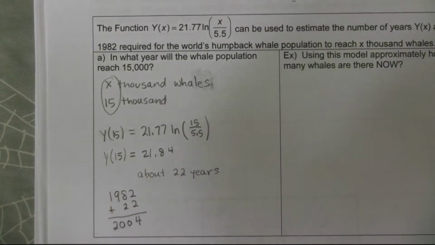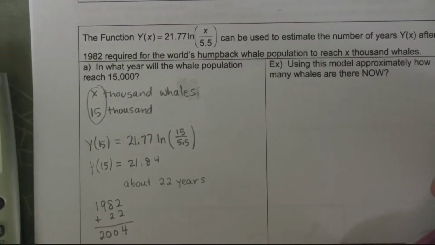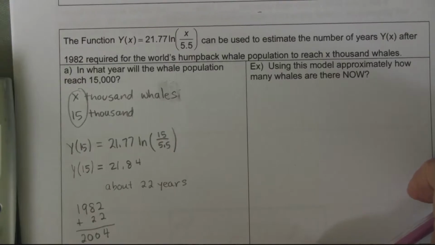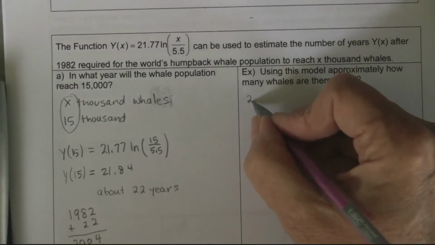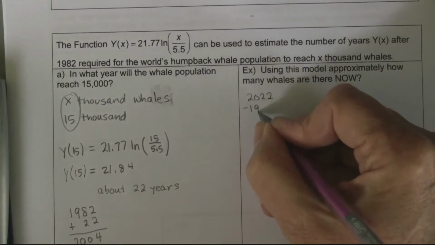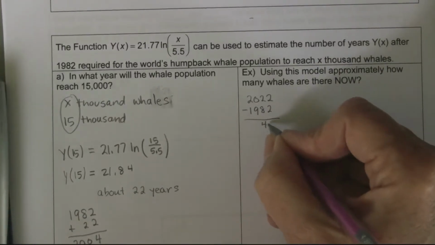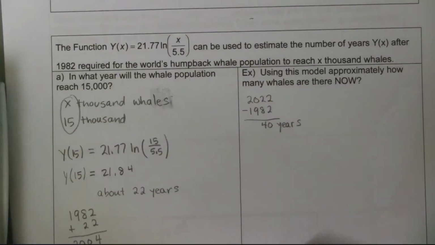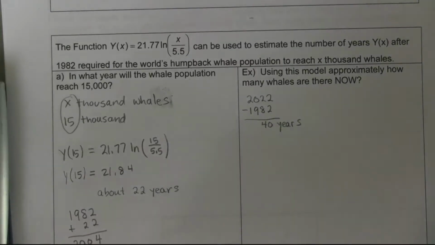Then it's wanting us to use the model to approximate how many whales there are now. From right now, it's 2022. And if we take away 1982, that will be 40 years. So we're wanting our Y to be 40 years.